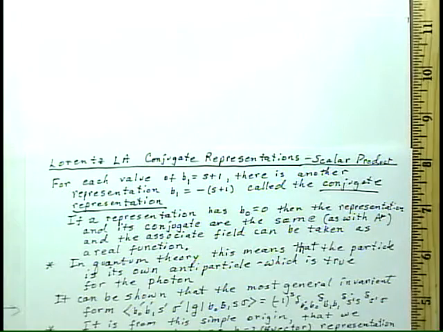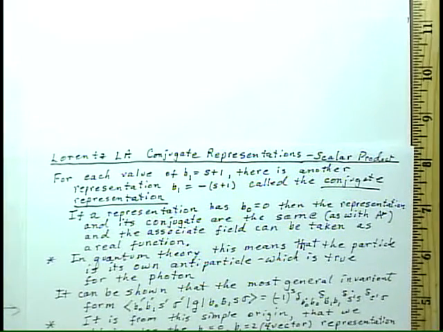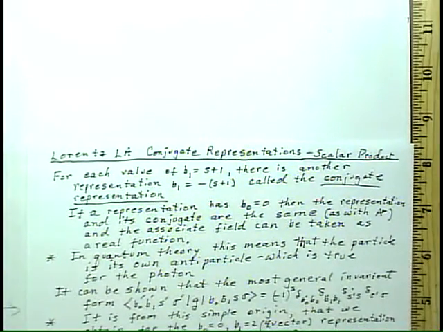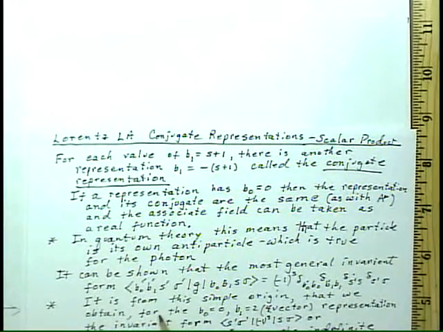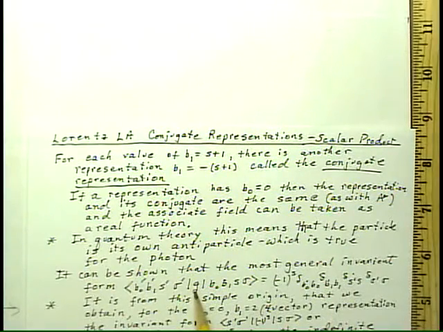Now, on the second topic, it can be shown that the most general invariant form that can exist on these representations is given by the following, where G is the metric here, and G actually has the form of (-1)^s.